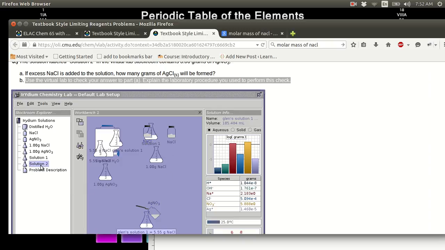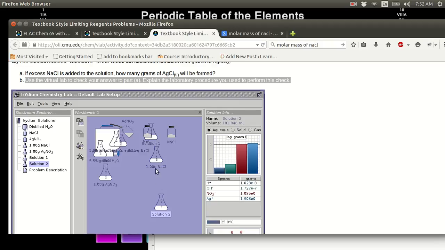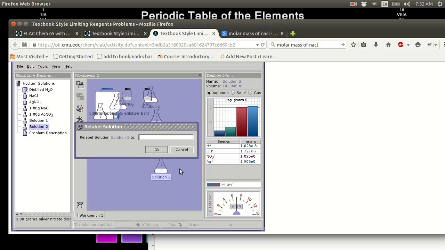So you'll take solution 2. Let me clean up here. You'll take solution 2, and you'll add a whole bunch of NaCl. Okay, so let me make this a little different than yours so that you can do your own work and not my work.